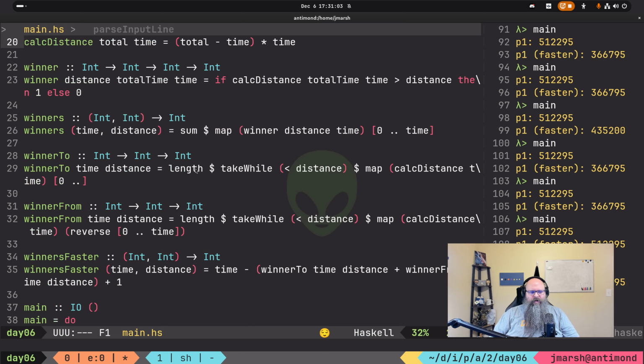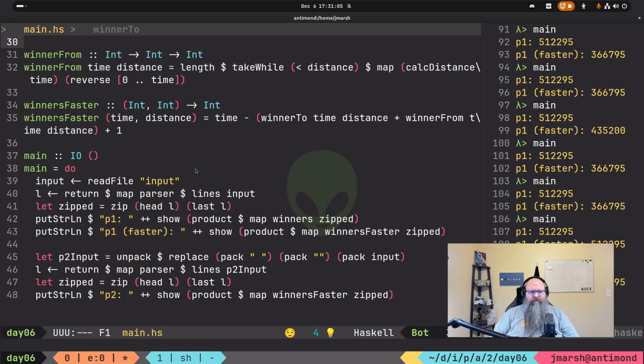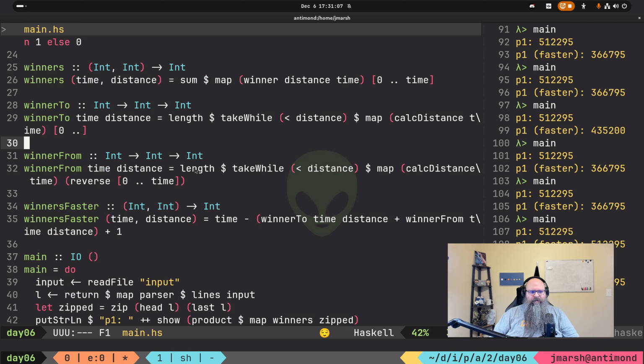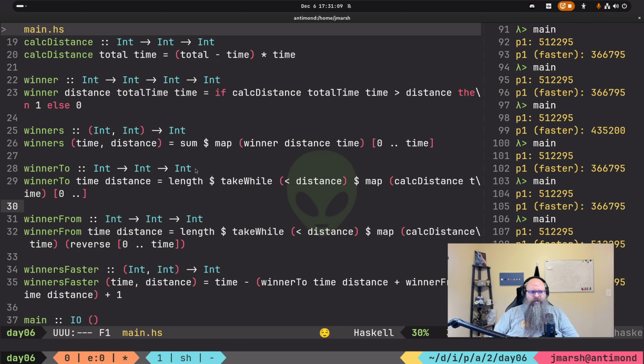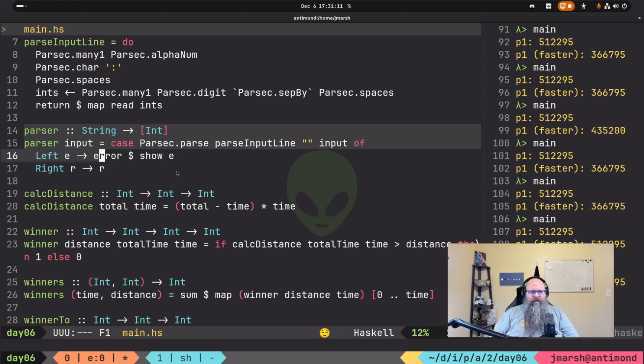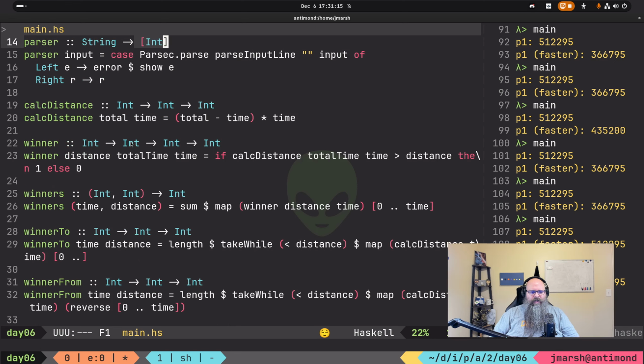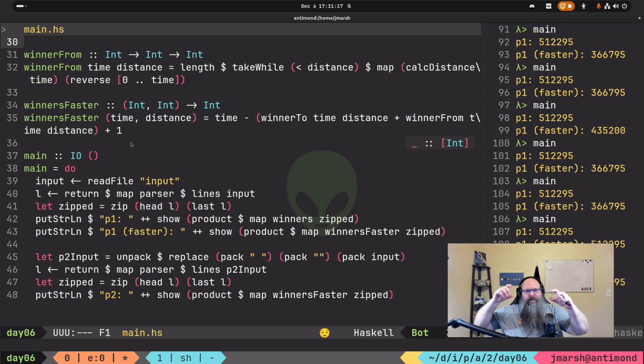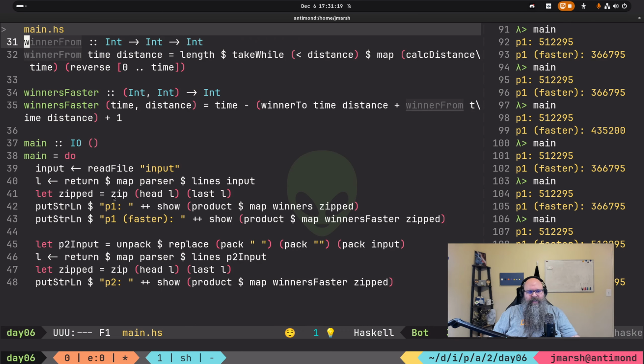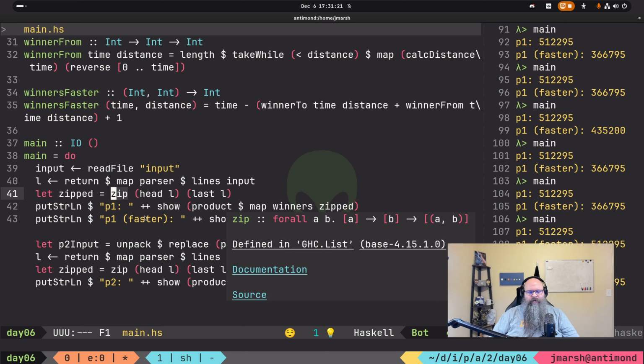I had a little trouble getting to the parsing. I still haven't quite figured out how this works, but it is easier for me to write a parser function right here that did that for the input line and returned the integers. But once you have the integers, because they're together, you can just use a function like zip, which I used in Rust as well.